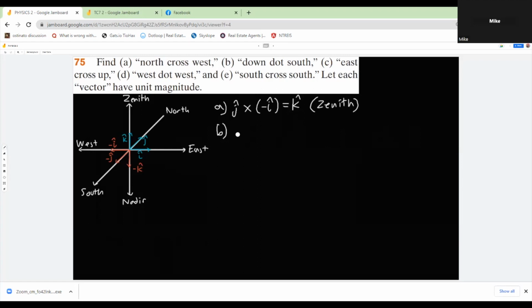Down, where's down? Down, that's south. So that is 0. They're always perpendicular anyway. So the dot product of any of those unit vectors is 0.